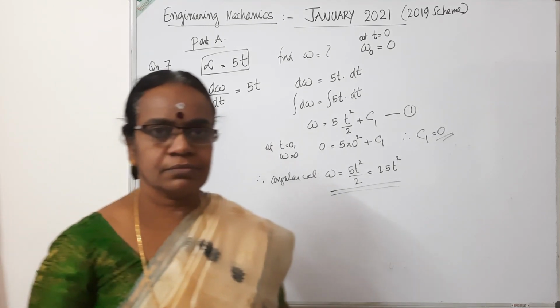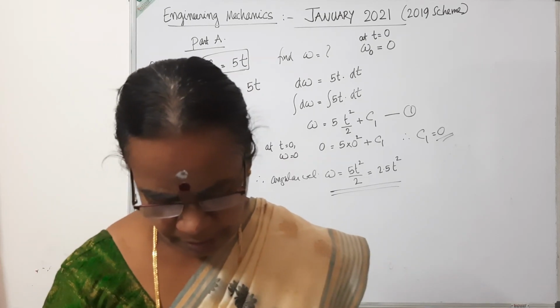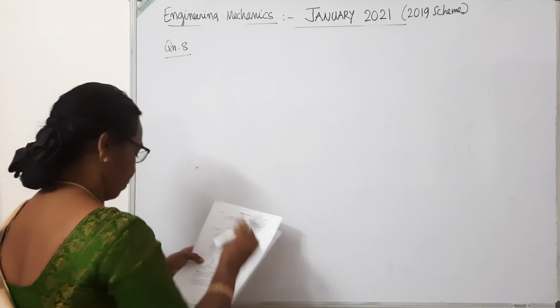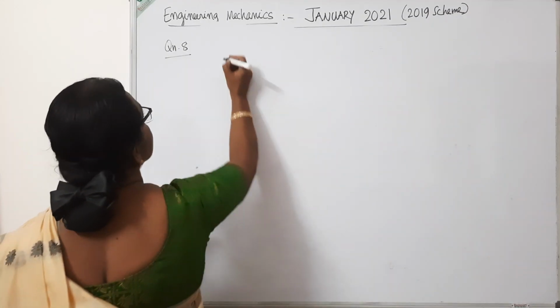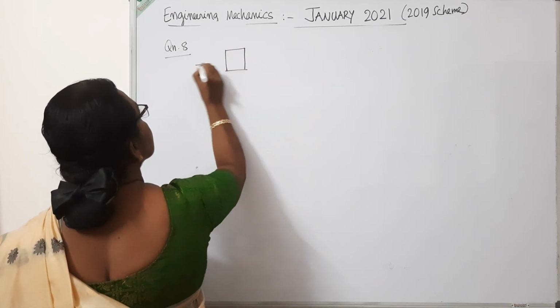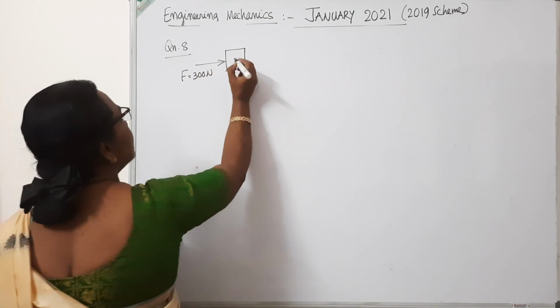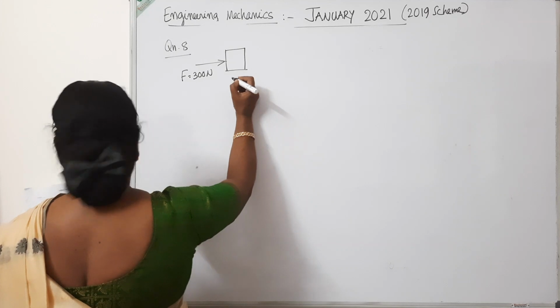Move on to the second example, that is question number 8. A force of 300 Newton acts on a body of weight 500 Newton. Find the acceleration of the body by using D'Alembert's principle. So question number 8: a force F of 300 Newton acts on a body of weight 500 Newton.